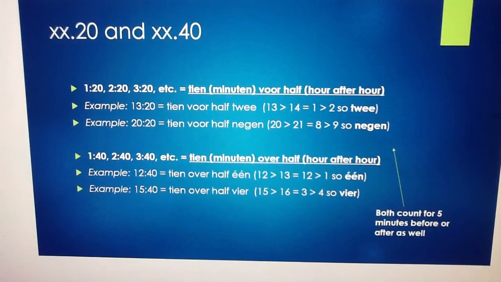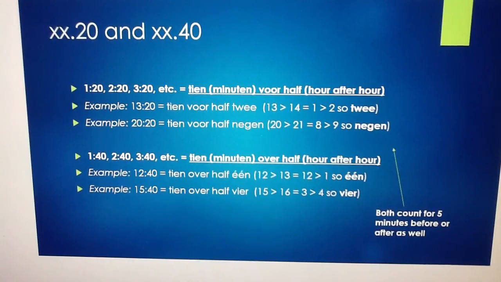Here you can see what I mean. With the half hours, when you have 20 minutes in an hour, or 40 minutes, or 25 or 35, you say, for example, 10 minuten voor half 2. 10 voor half 2, we say. What time is it then? It's 1:20 p.m. in this example, because it's 13:20.